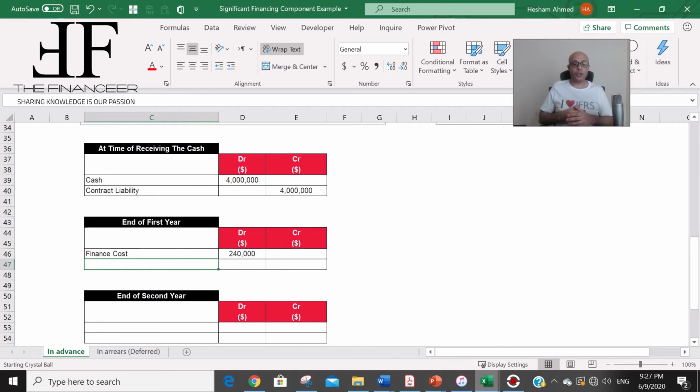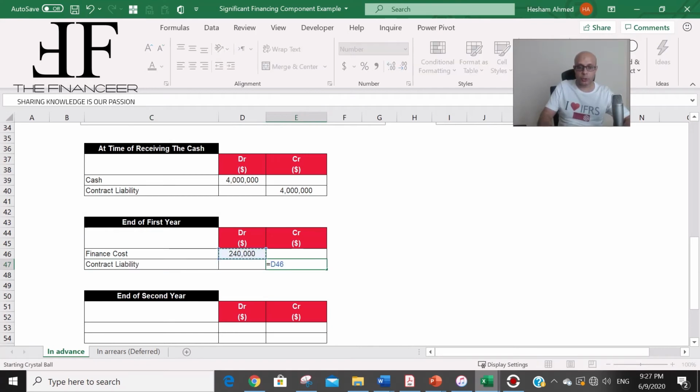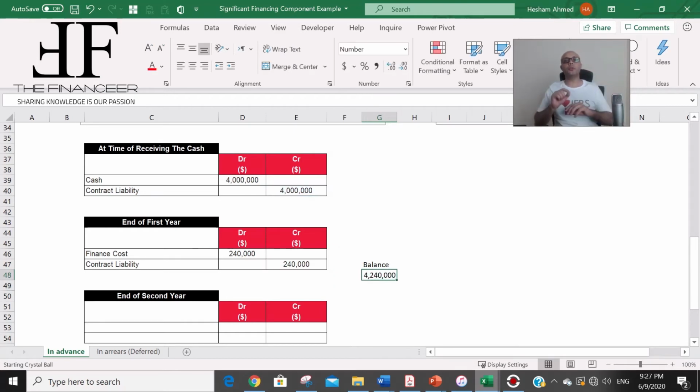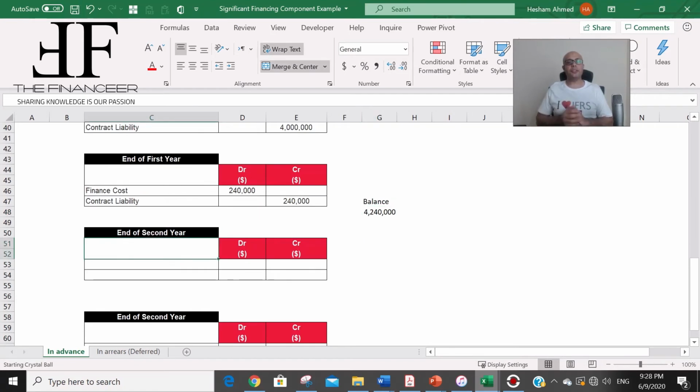So now the contract liability will be increased by the same value, which is 240. So the balance of the contract liability is 4 million plus 240. So it is 4,240,000.